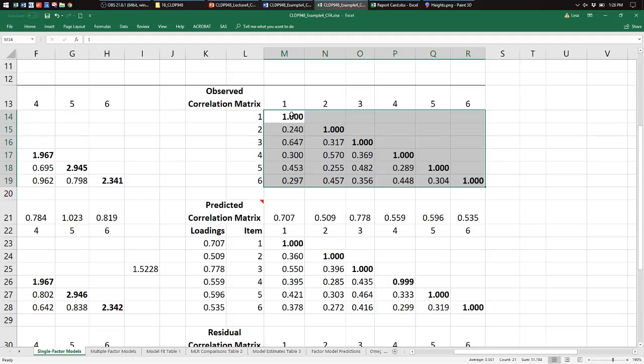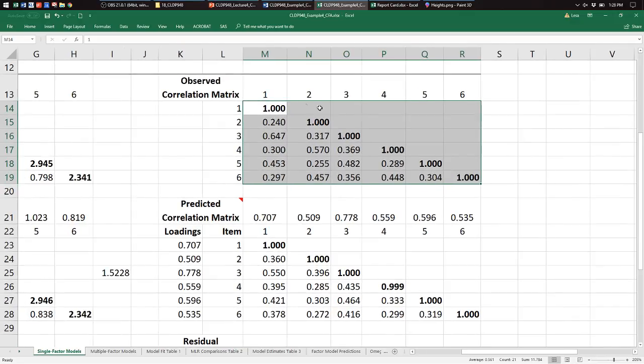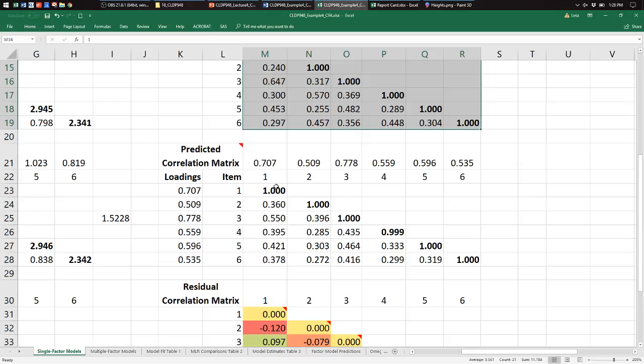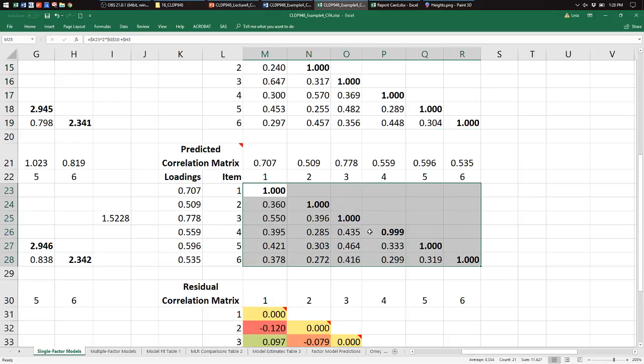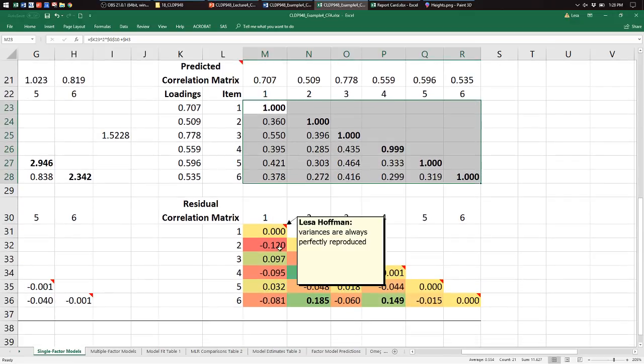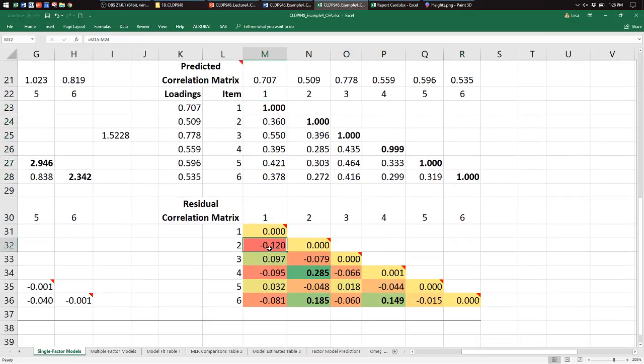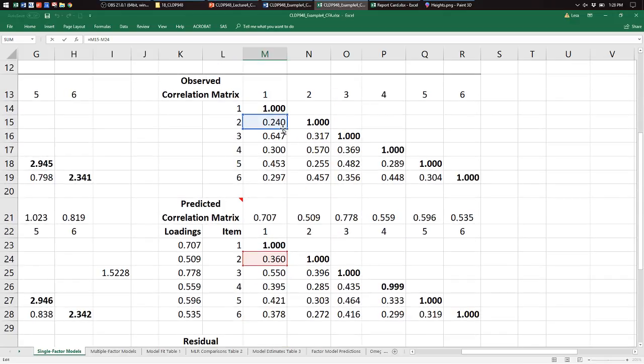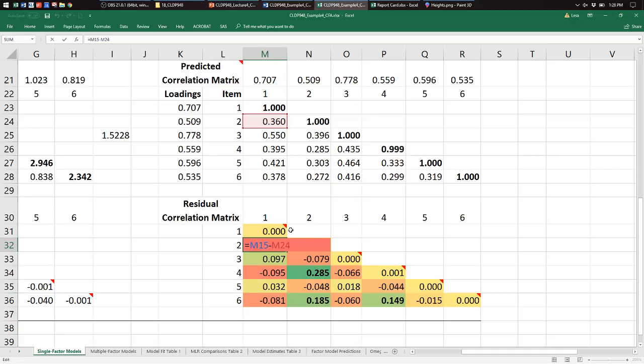So if we start with the correlation matrix in the data here, that's what the answer is. That's H1. Here's the one that my single factor model for my 6 items we've been talking about predicted. And then these cells down here are the differences between what the model says and what the data say. So these are discrepancies in correlations.